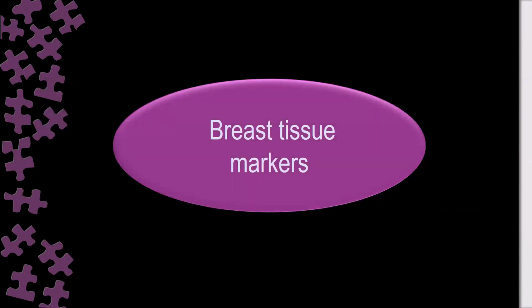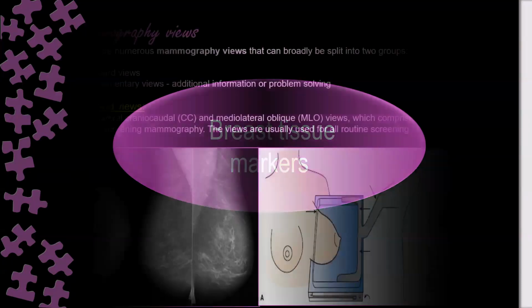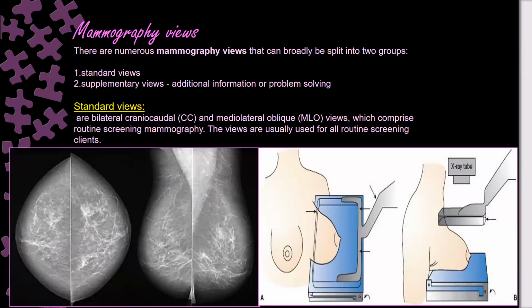Breast tissue markers also, we went through previously, and this case is just to remind you of their importance. And last time we discussed the mammographic views, and we said we have 4 standard views: CC for both breasts and MLO for both breasts, as seen here.